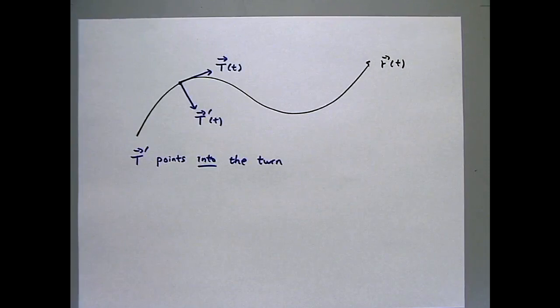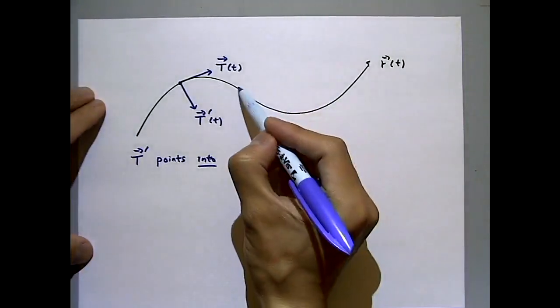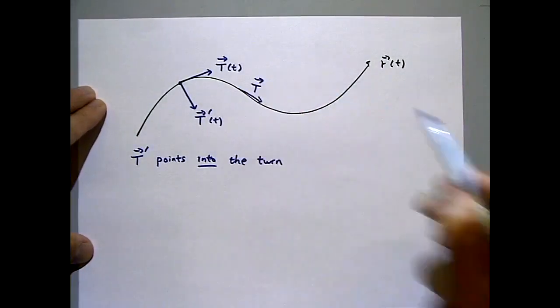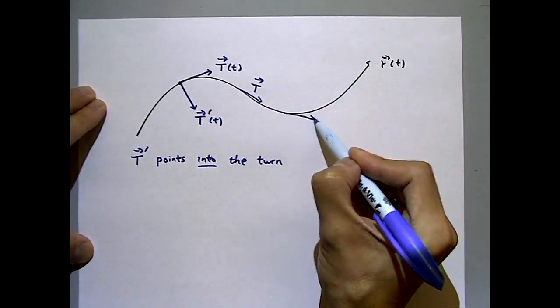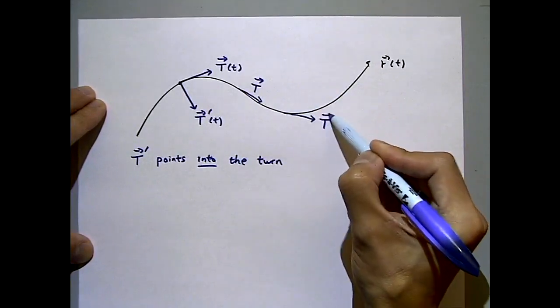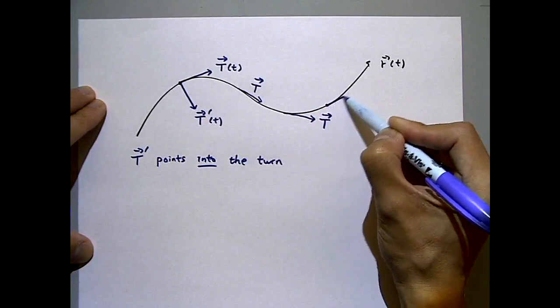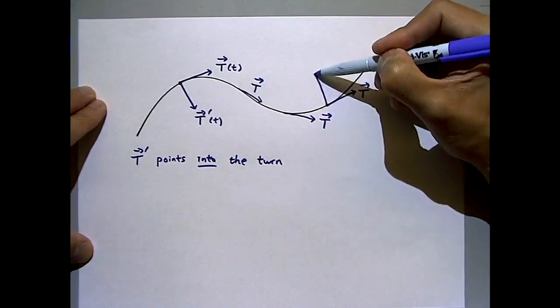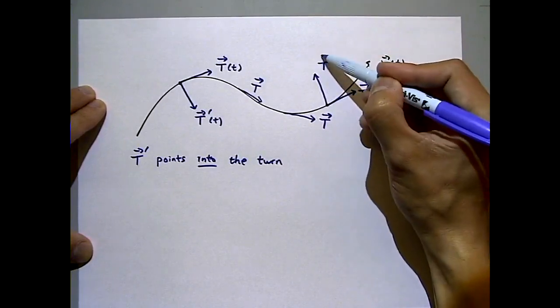It will move into the turn. So as T goes on here, T prime always points into the turn.